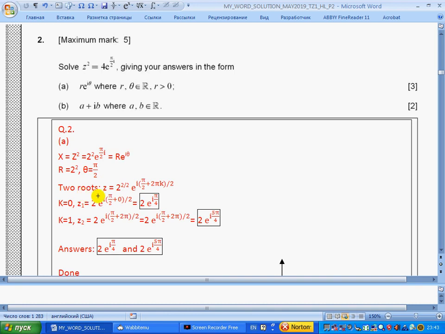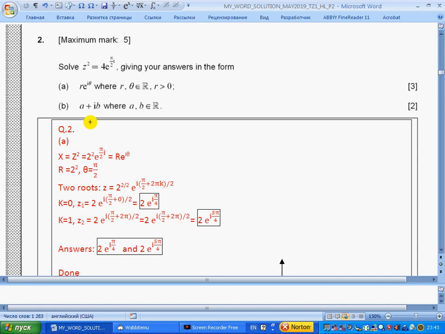We have two roots according to De Moivre's theorem. The two roots are given by this formula, and k can be 0 or 1. So we substitute k equals 0 and k equals 1, and we find two solutions.